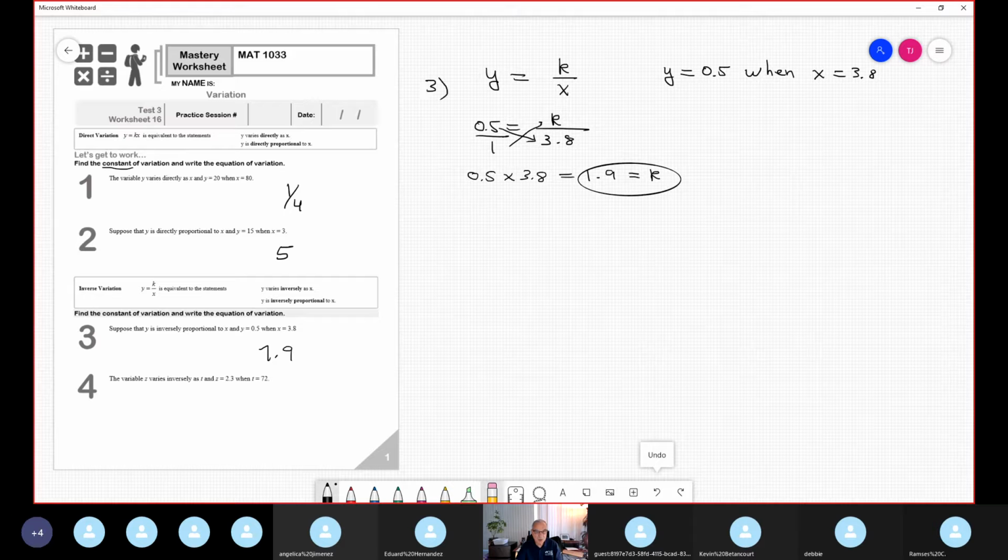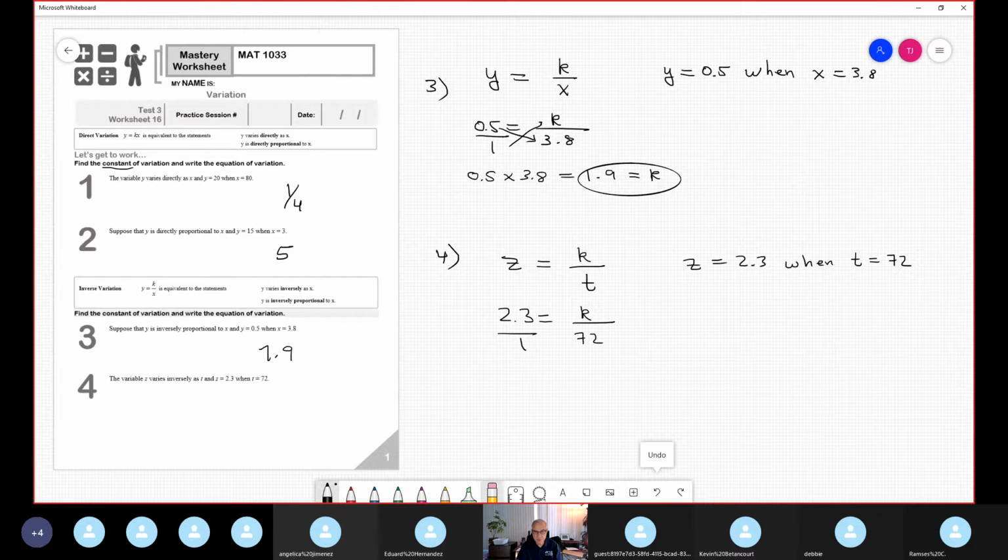That was number 3. And now number 4. Number 4 is z varies inversely as t. Constant k. Z is 2.3 when t is 72. Okay. 2.3 is z. The constant is the thing I'm looking for, and t is 72.